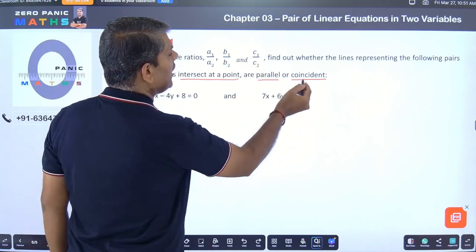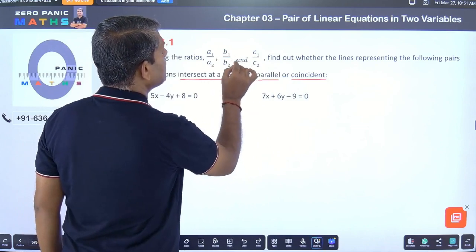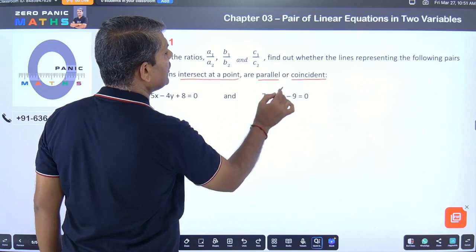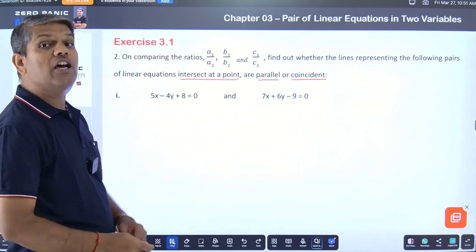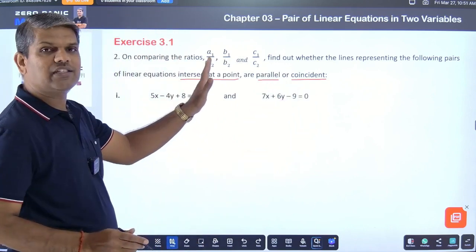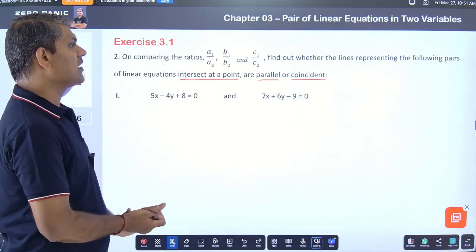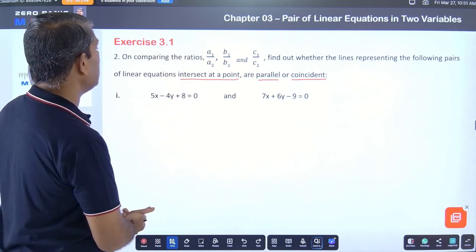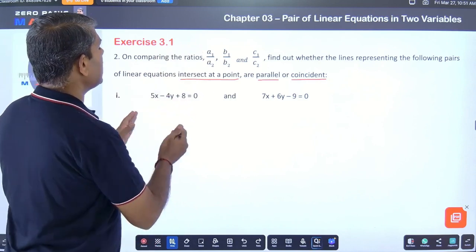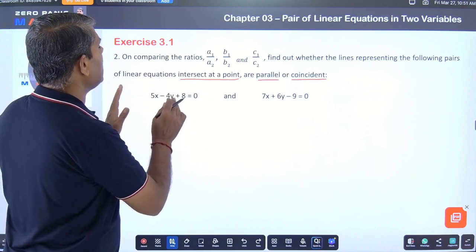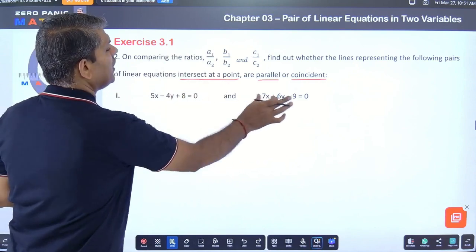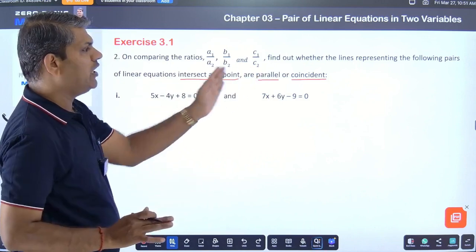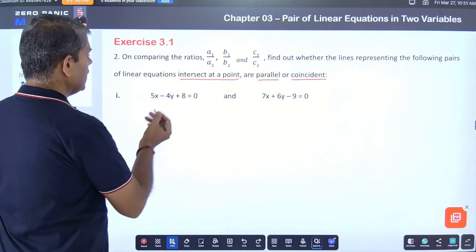And finally, if all the ratios of the coefficients are equal to each other, then they are called coincident lines. Okay, this condition we already discussed. So let us apply that knowledge to identify the solution for this. Here we need to just identify whether the given pair of linear equations is any one of these. Okay, let us start.